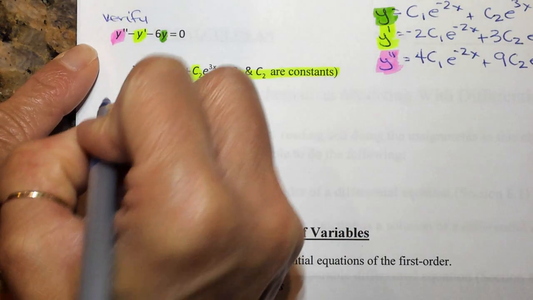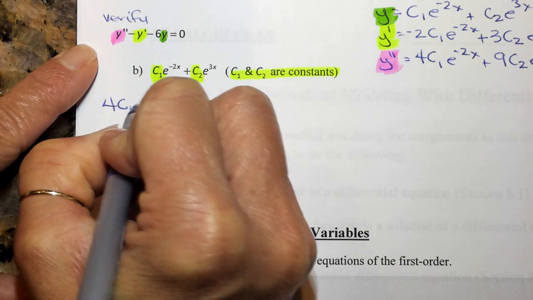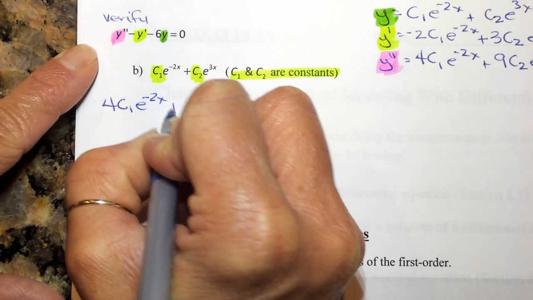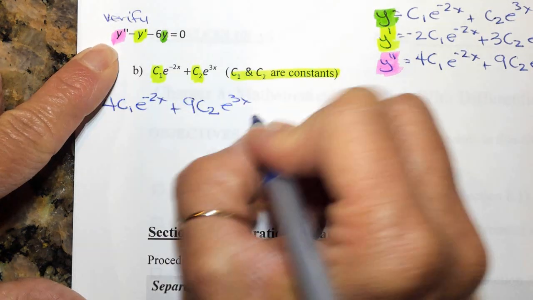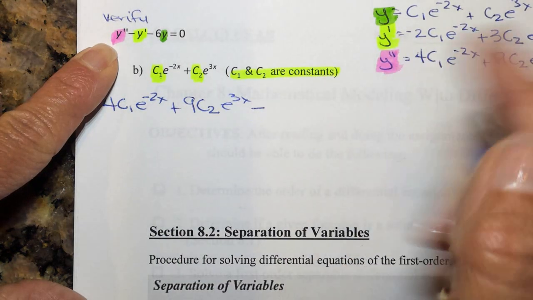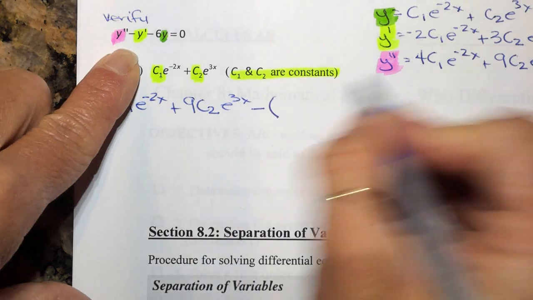So you have 4 c sub 1 e to the negative 2x plus 9 c sub 2 e to the 3x minus, and because this is long, it's a quantity, so we're going to have to distribute.